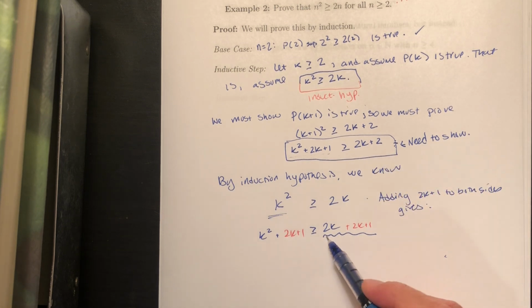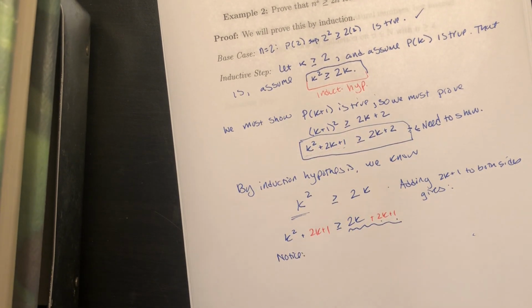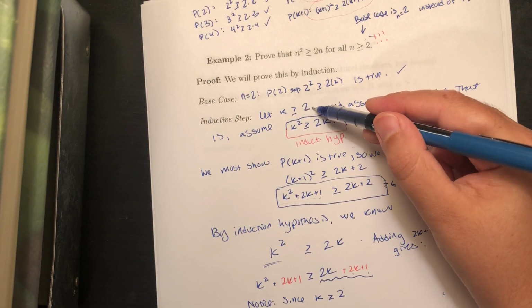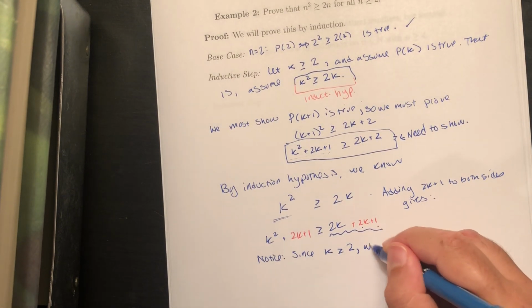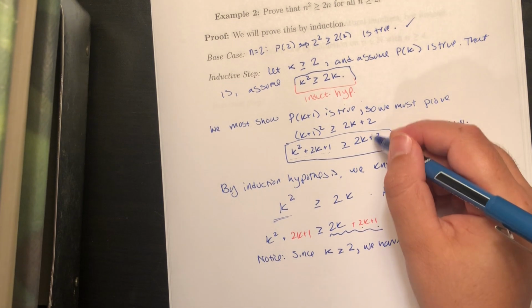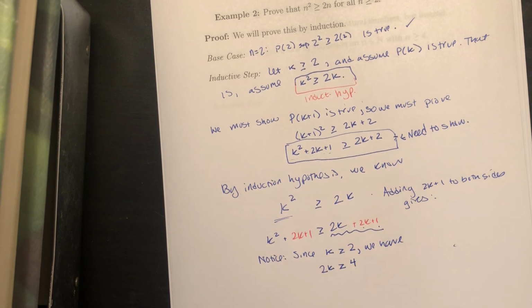So why do we know that 2k plus 1 is greater than or equal to 2k plus 2? Well, notice that since k is greater than or equal to 2, that was our assumption up at the top, that was our base case, we have that 2k is greater than or equal to 4, and 2k plus 1 is going to be greater than or equal to 4 plus 1, or 2k plus 1 is greater than or equal to 5.